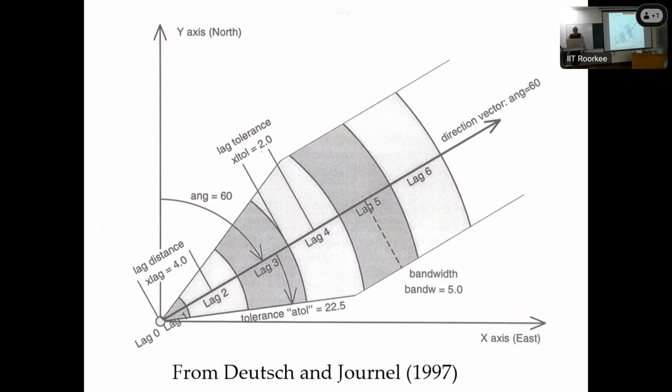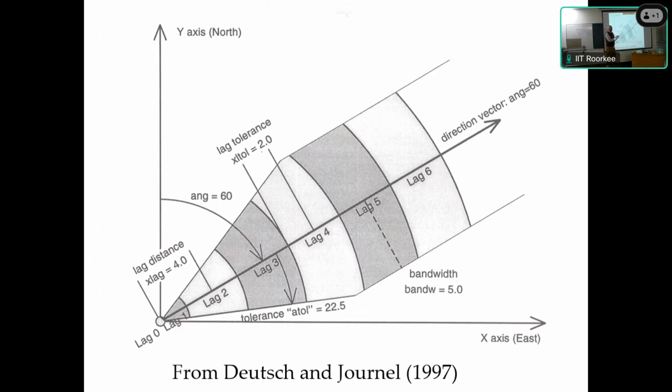You have a question? The lag tolerance is that you do not take a straight lag distance, but you can shift it. So it includes plus or minus 2.0 units to it. In a field that is not densely sampled, you may not have enough points in a lag class.